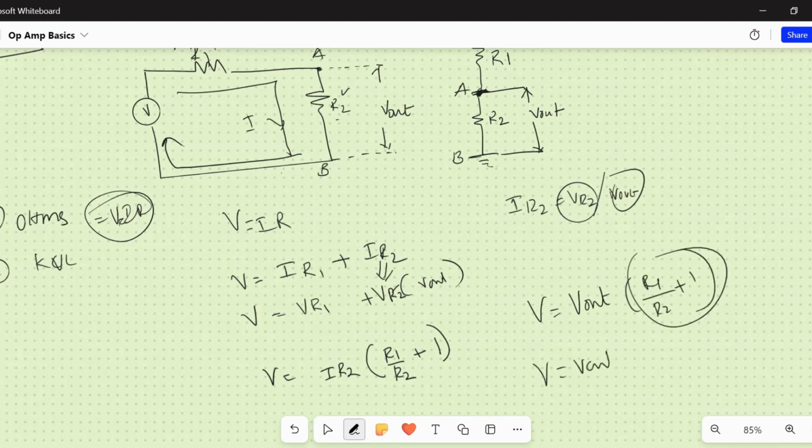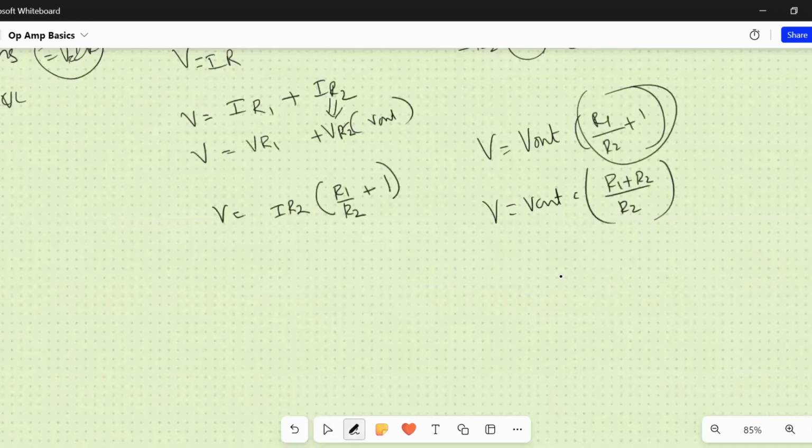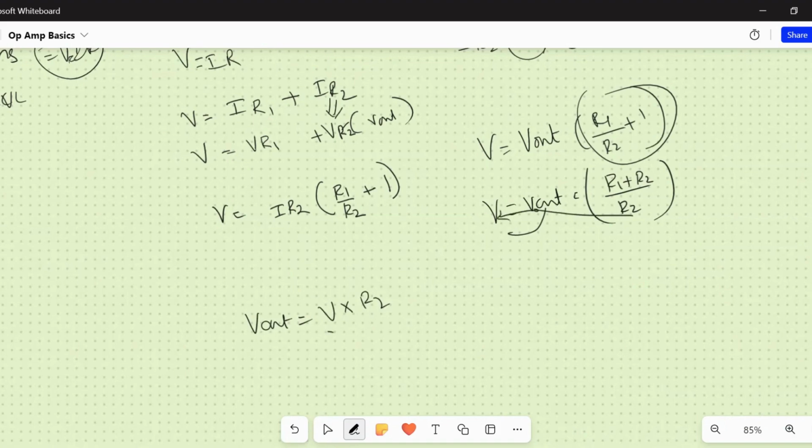You can solve this one. V is equal to V out times R1 plus R2 divided by R2. Now just solve for V out. V out is equal to V into R2, bring this R2 here, divided by R1 plus R2.